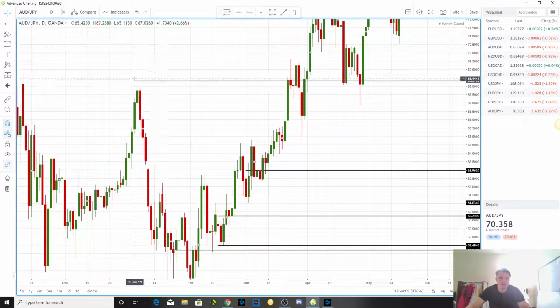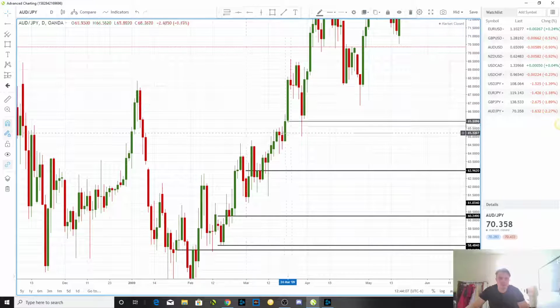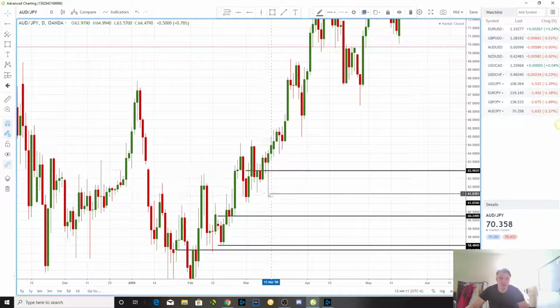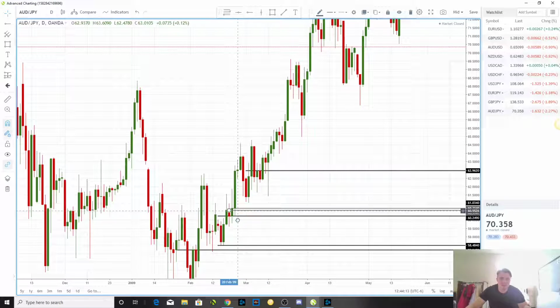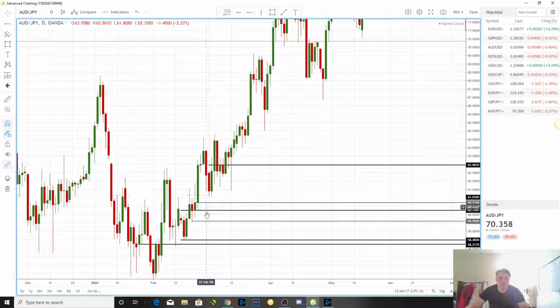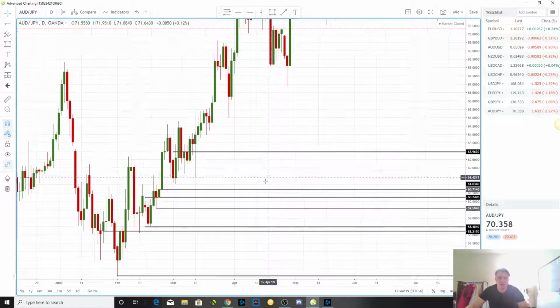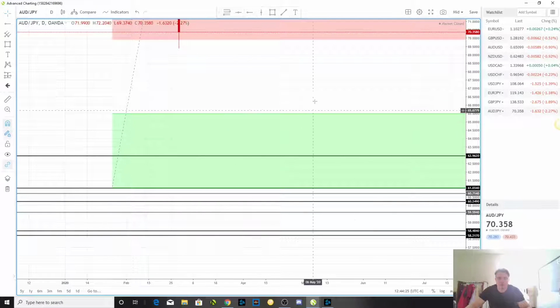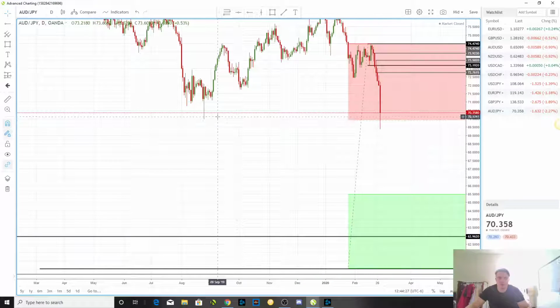Alright, so the zones below this, nothing really too good here, except for maybe this. Yep. So we got the low there, yep. Bang, bang. Yeah, as you can see, we have plenty of way to go down.